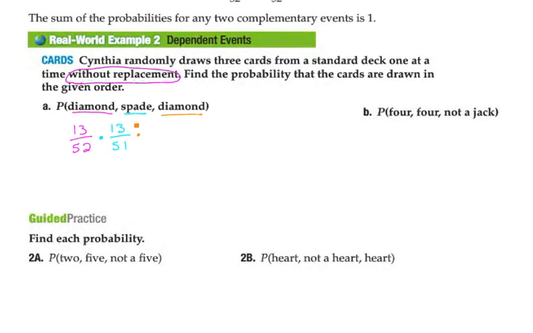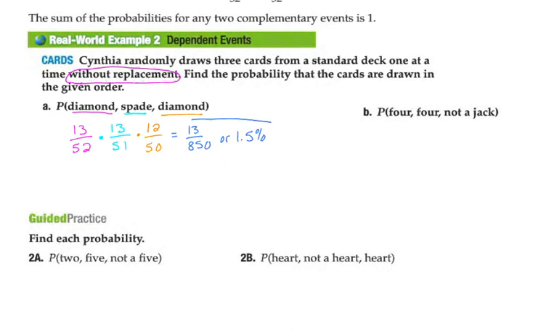We already used up one of the diamonds, so how many do we have left? We have 12. How many total cards do we have left? We have 50. Looking at that dependent event, we are slowly losing cards, and we are also slowly losing diamonds. Multiplying those together, we get 13 over 850, which gives us about a 1.5%.